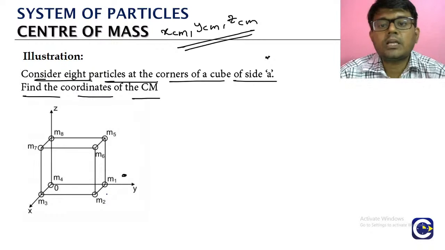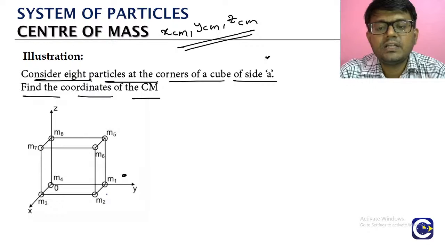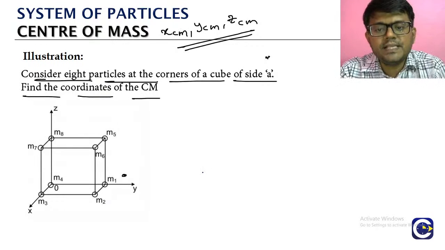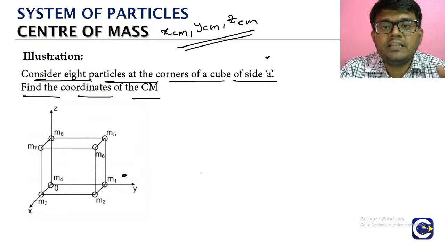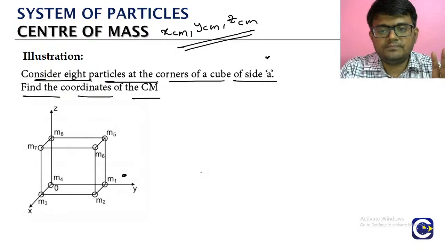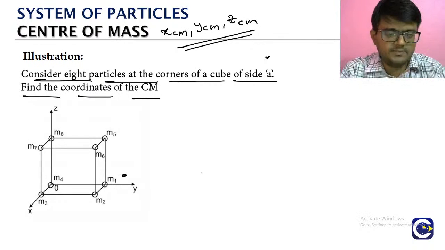Because once you're able to get the coordinates, that's it. We are able to get the answer, right? If you have the coordinates, we can straight away go for the weighted average formula. The thing is to get those coordinates.